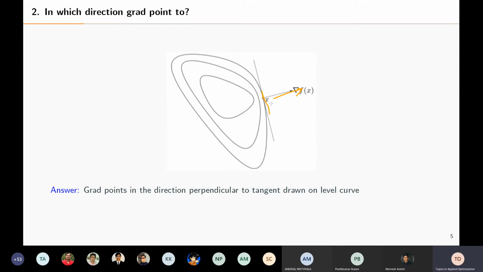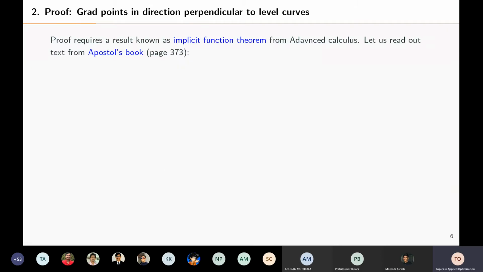Okay, so what we know now is that the gradient is perpendicular to the level curve, and this is something we can prove. Let us go ahead and prove this. But to prove this, we will need something called the implicit function theorem, which is, as such, a simple fact.